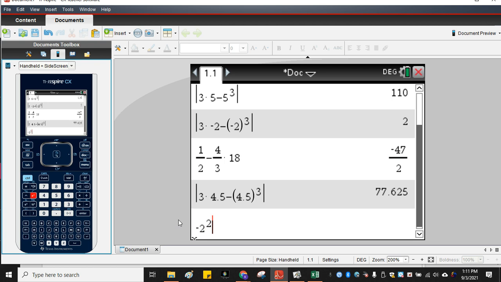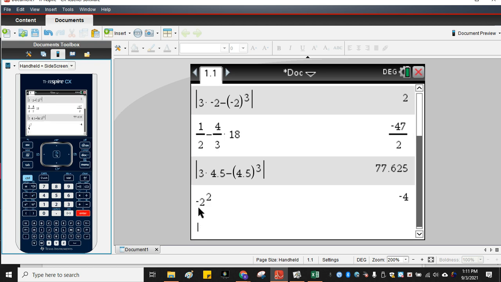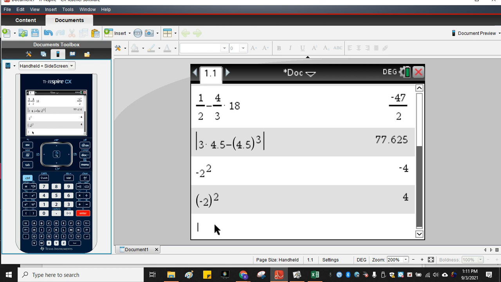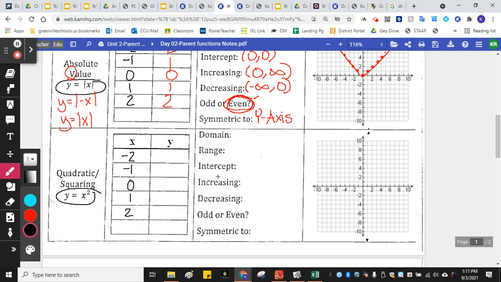But if you put it in as -2 squared, order of operations is going to square this number before it multiplies by the -1 in front of it. So make sure if you plug it in, use parentheses. Or just know a negative times a negative is a +4. So be careful. 4, 1, 0, 1, 4.